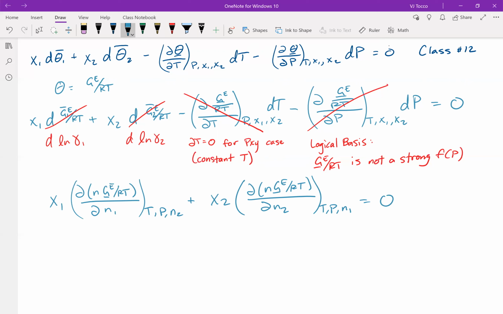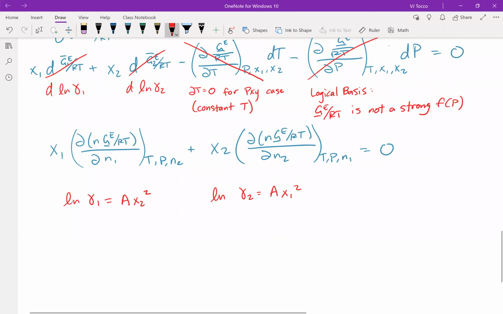Since we're evaluating the one parameter Margules expression, all we have to do is plug in our expressions for ln of gamma 1, which is A x2 squared, and ln of gamma 2, which is A x1 squared. If we plug these expressions for our ln of gammas into the simplified Gibbs-Duhem equation, and we see that it works, we're able to conclude that the one parameter Margules expression is indeed mathematically and thermodynamically consistent.